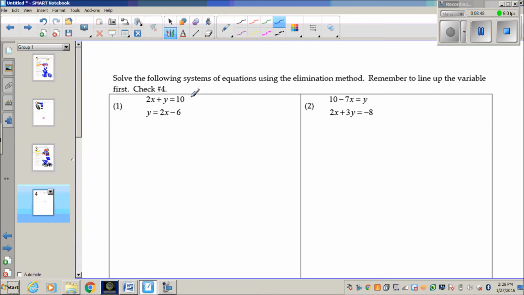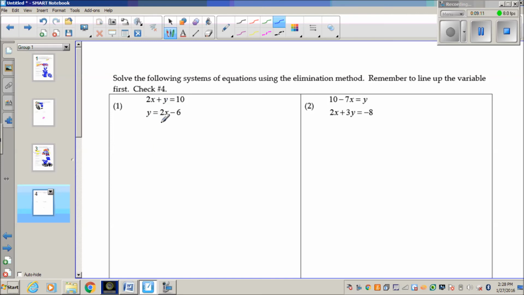In this example, we've got 2x plus y equals 10. And then we've got y equals 2x minus 6. Well, this is not lined up. In the second equation, I have y by itself, which, by the way, is a nice way to do the substitution method. But here we're practicing the elimination method. I want the x's and the y's together here.